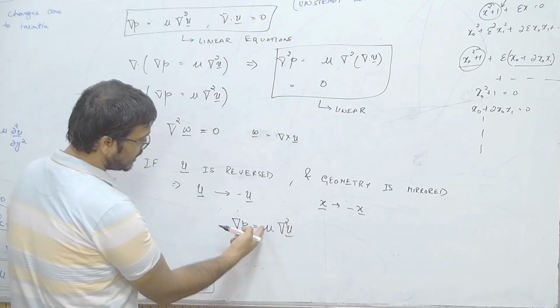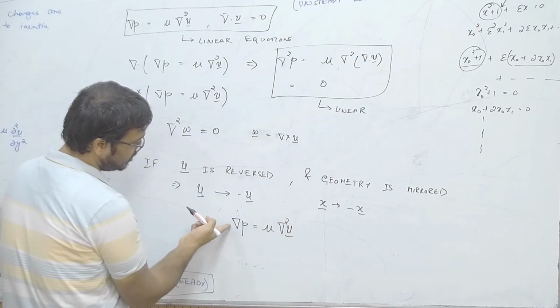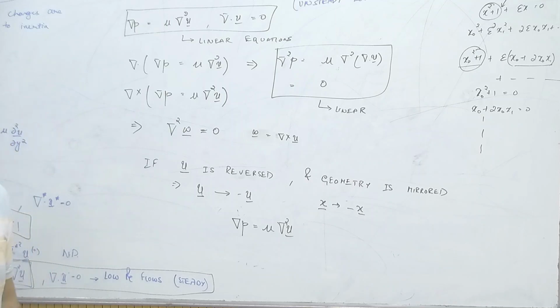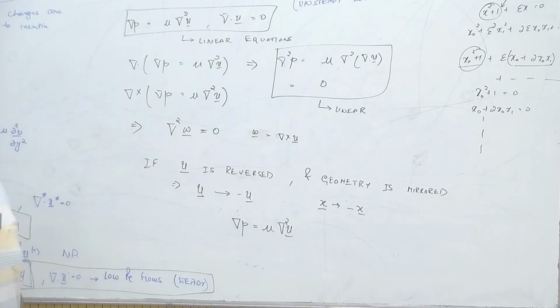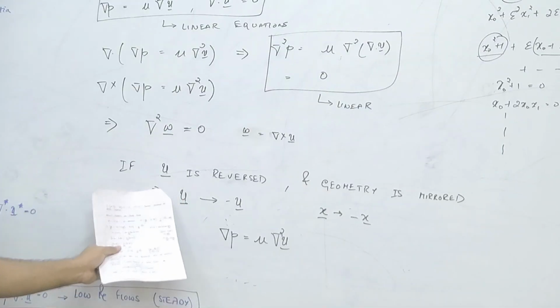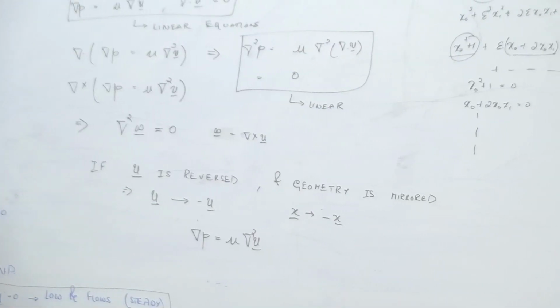There will be a minus term here due to u, there will be a minus term here due to gradient. What it means is that if you have a Stokes flow, the flow in the mirror is also a Stokes flow.